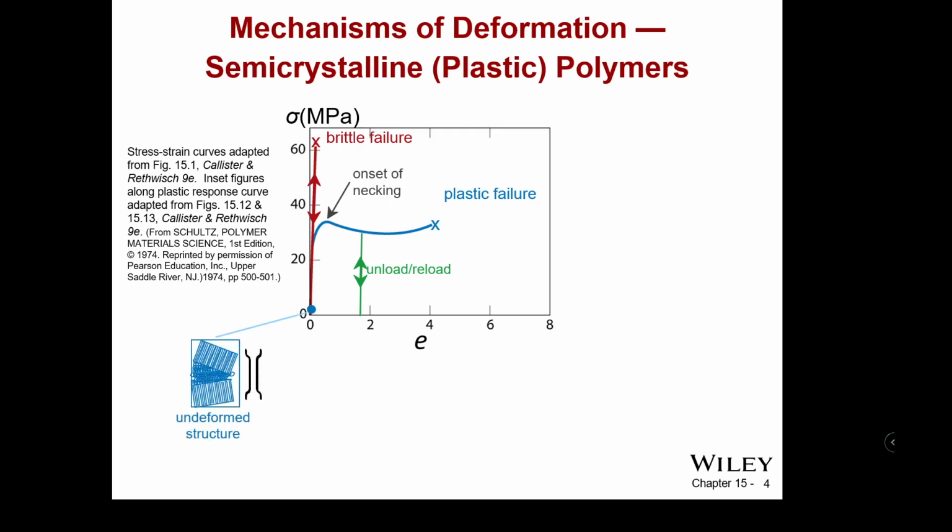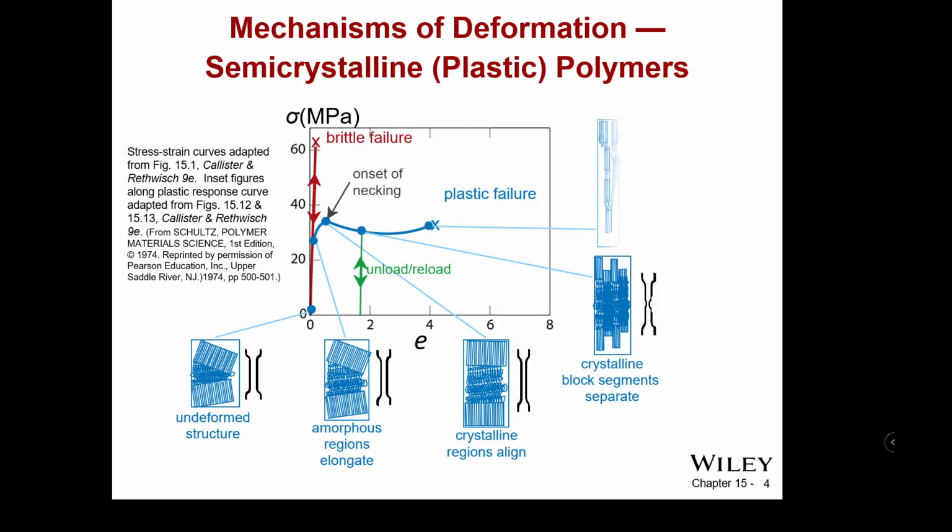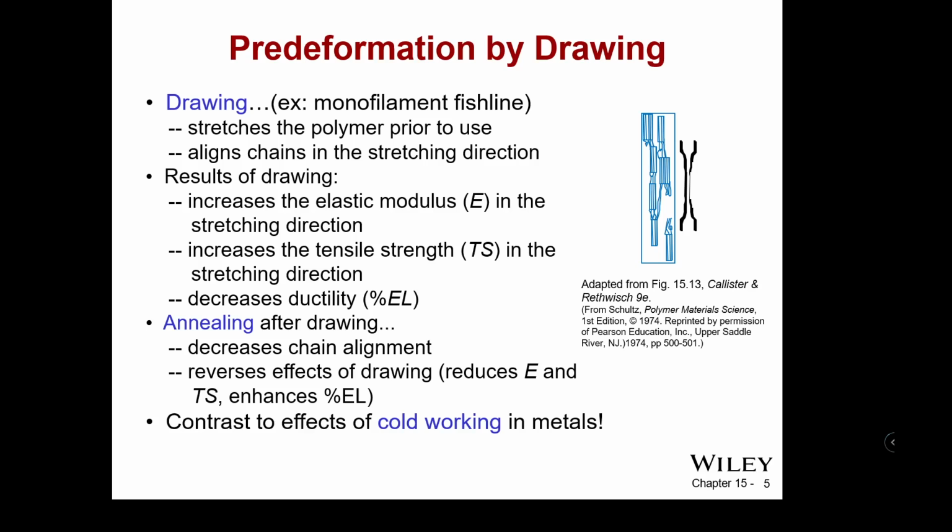So they behave very consistently. So the undeformed structure, there's an amorphous region that stretches out, and aligns, and then begins to tear these blocks apart internally. And that's what creates the necking phenomena until they ultimately come apart and unravel completely near failure.